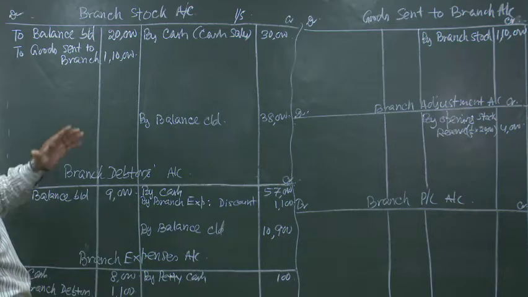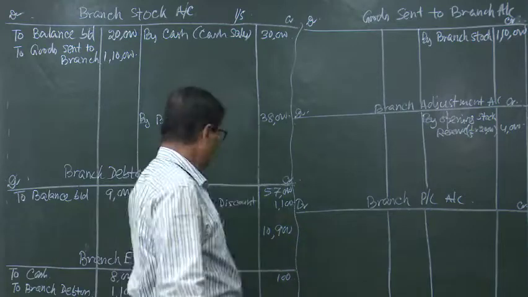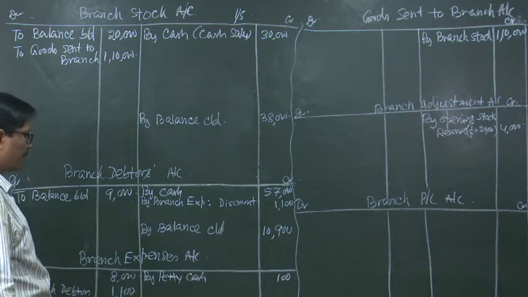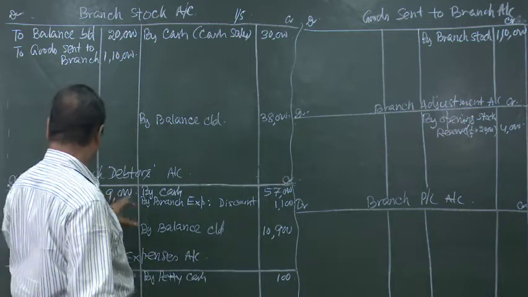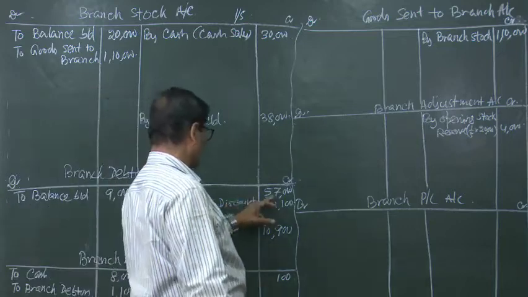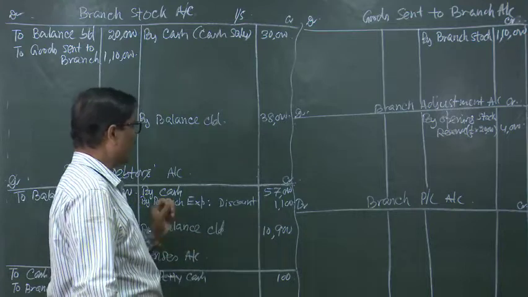because we know only the cash sales, but the credit sales is not known to us. In order to know the credit sales, we have to close the branch debtors account. Branch debtors account was debited to balance brought down 9,000, credited by cash 57,000, by branch expenses discount 1,100, by balance carried down 10,900.